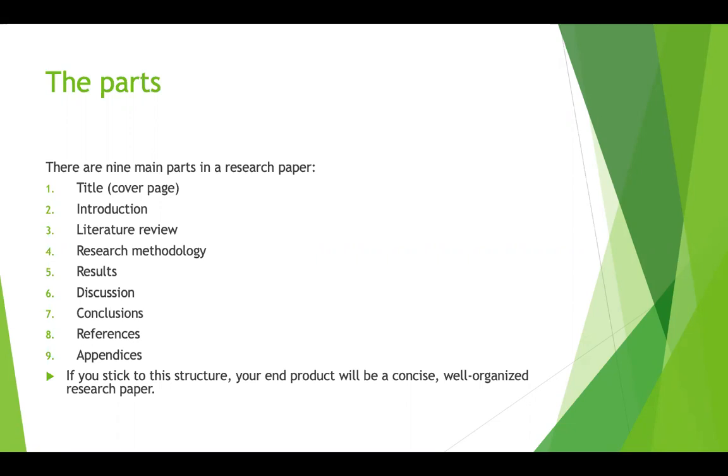Just to clarify, it is possible that you may not include appendices, or some parts can be combined, like results and discussion. But overall, these should be the main highlights of your document when you are writing a research paper. And if you follow what goes into each of these, the end product will be concise and well organized.